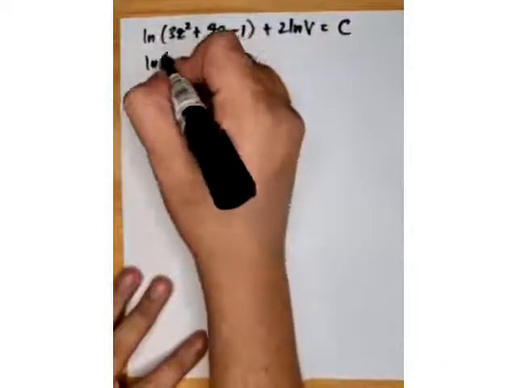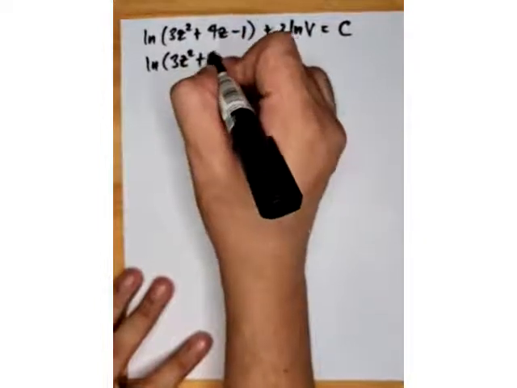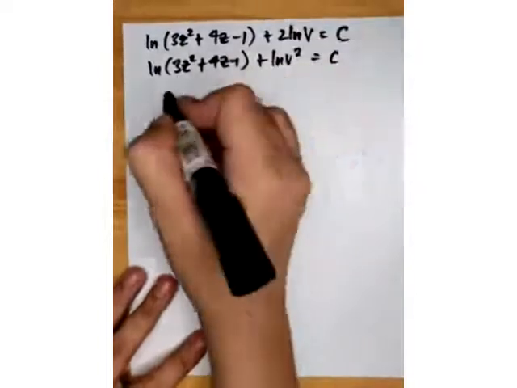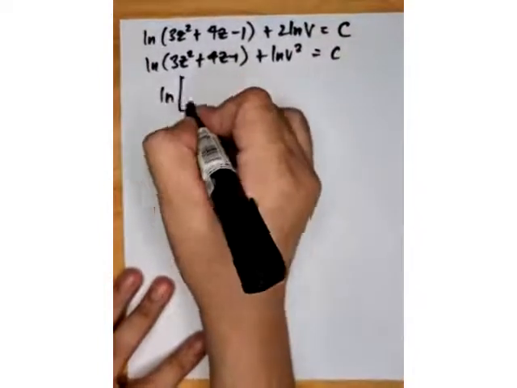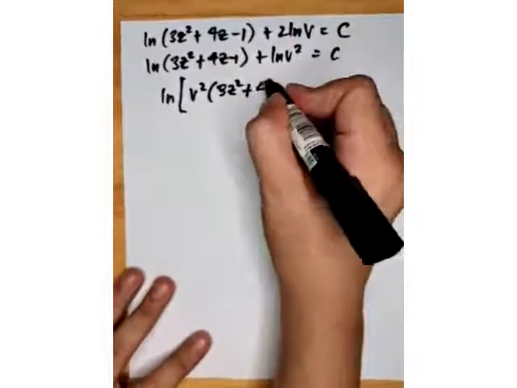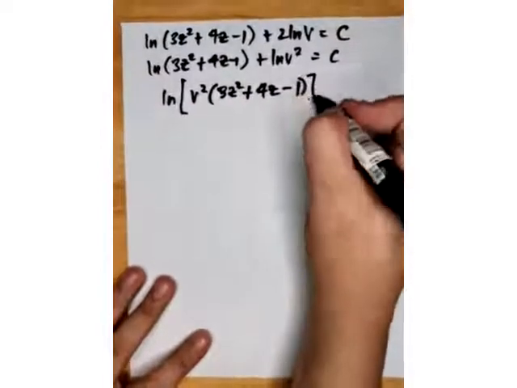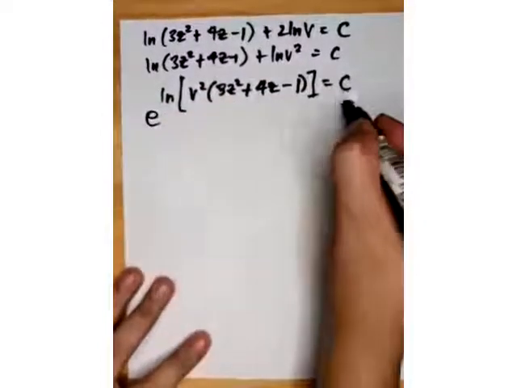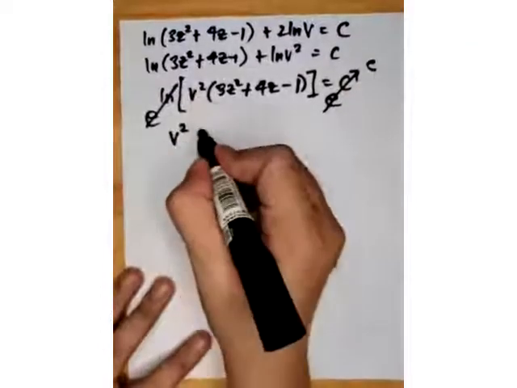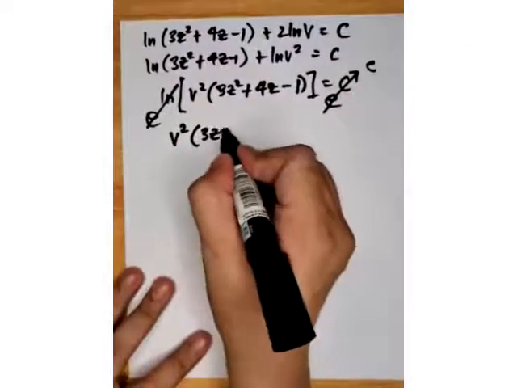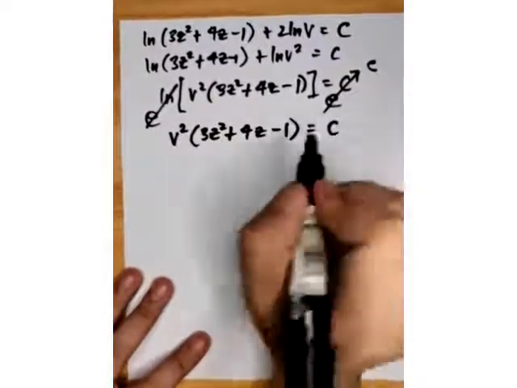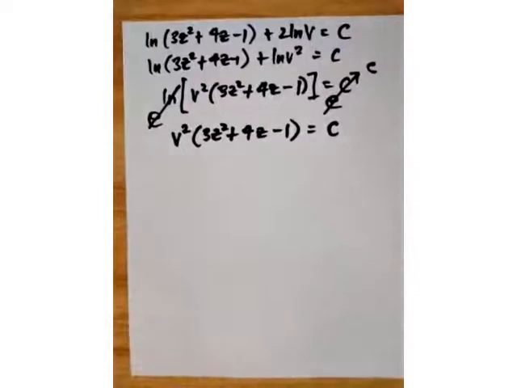So ln of 3z squared plus 4z minus 1 plus ln of v squared is equal to c. So therefore, ln of v squared times 3z squared plus 4z minus 1 is equal to c. And let's have the exponential. So v squared times 3z squared plus 4z minus 1 is equal to c. So that's a general solution.